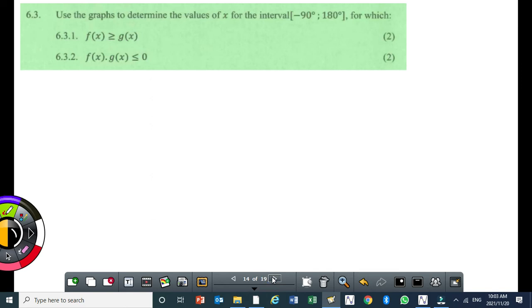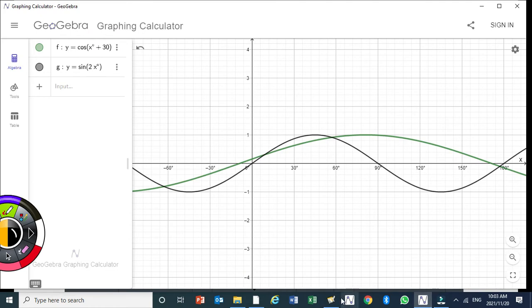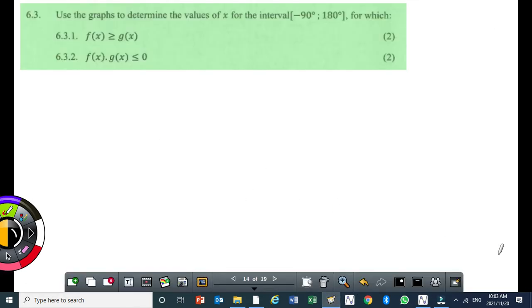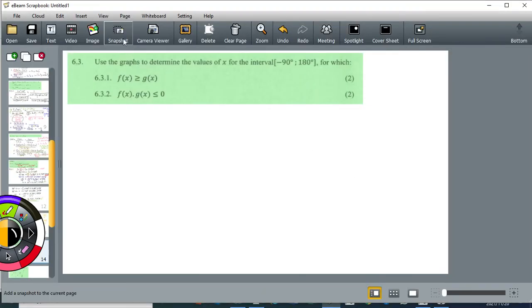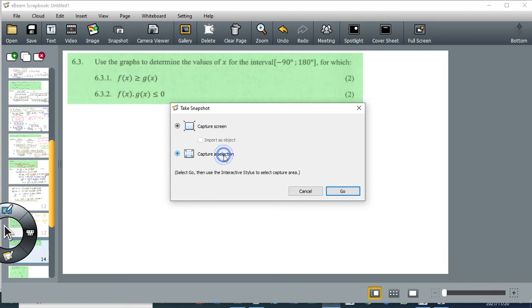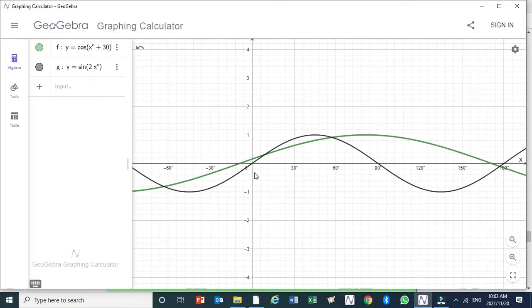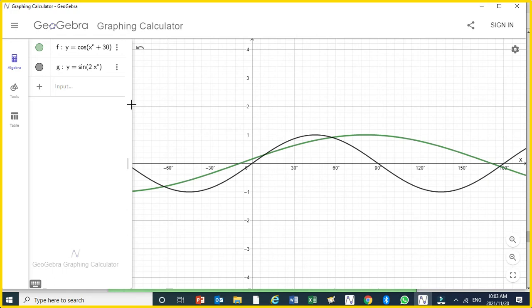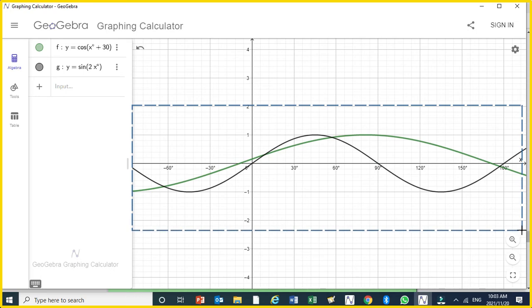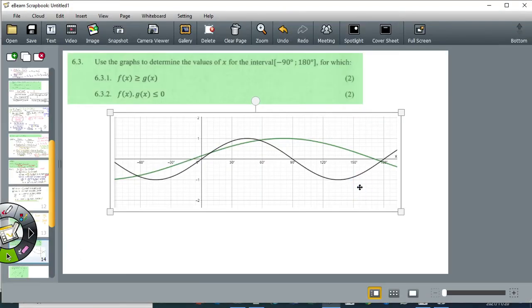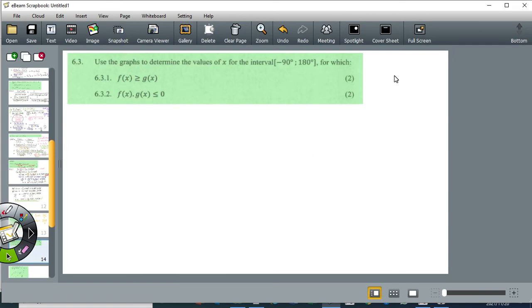Okay, I think I can try to squeeze it there. Yeah, I need to include negative 90.